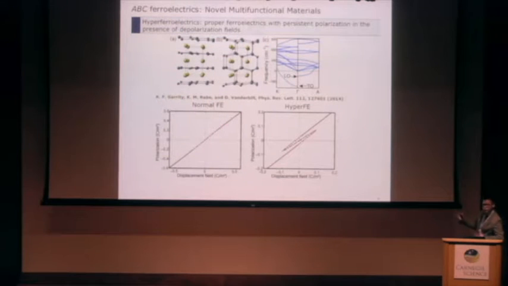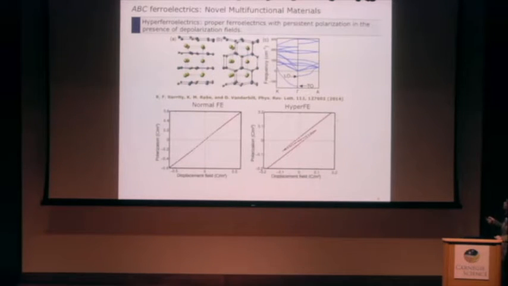But now I'm going to jump to a slightly different topic, because I believe these ABC ferroelectrics are a very robust platform that can enable many novel functional properties. It was proposed that some ABC ferroelectrics are hyperferroelectrics. I think it's a very interesting property: a proper ferroelectric with persistent polarization in the presence of a depolarization field.